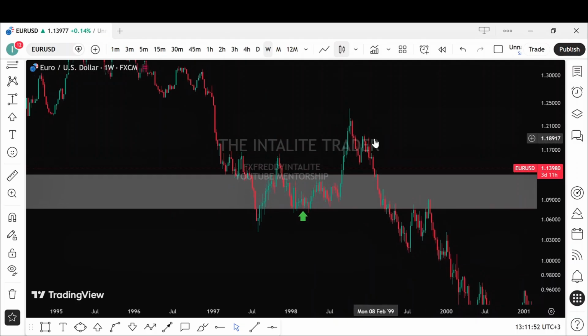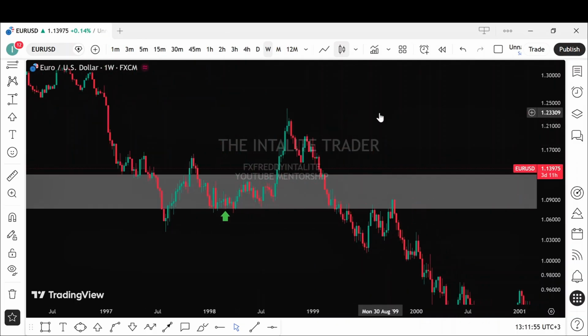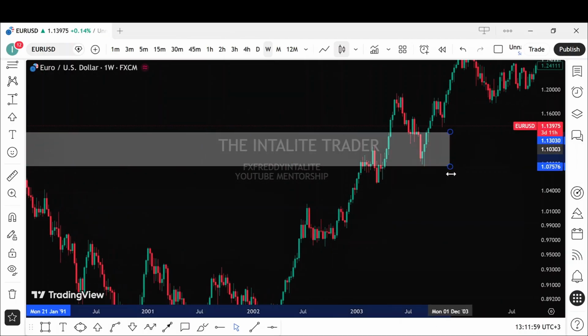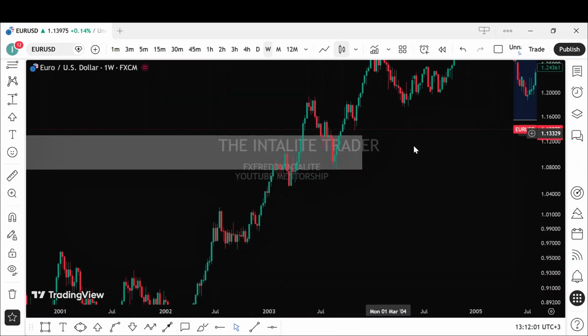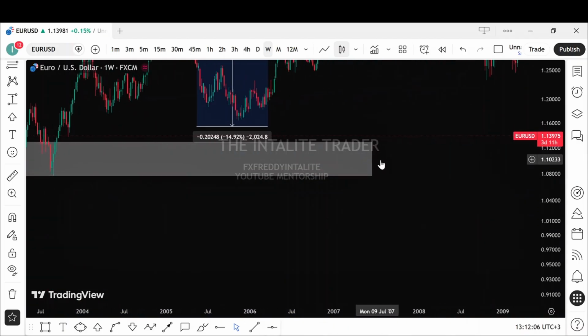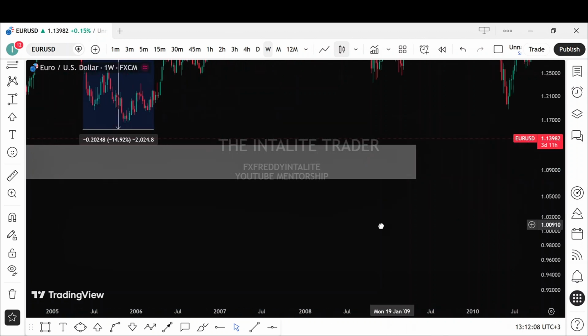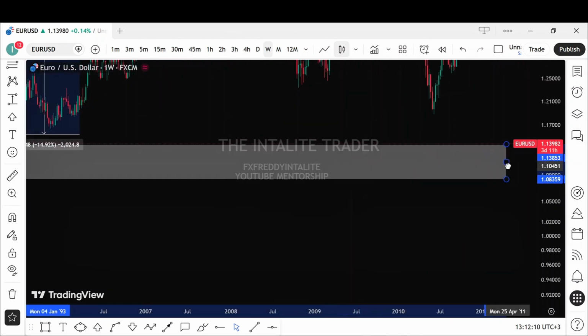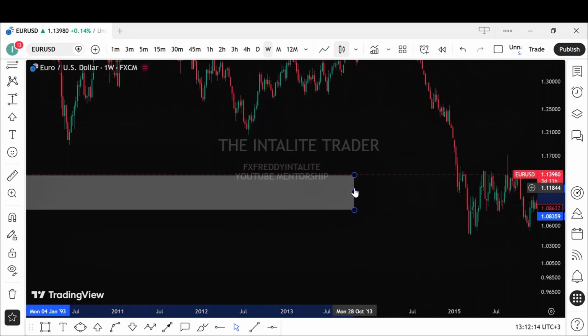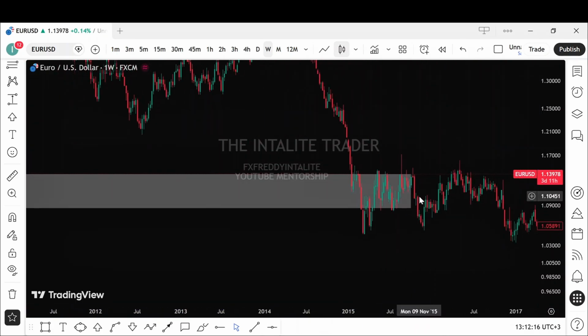It is also found on the weekly time frame. It has acted as both support and resistance. So when price comes back into the same level, there are possible trade opportunities the market is going to give you. In the future, when price comes into the same level, you expect price can easily react to the level.